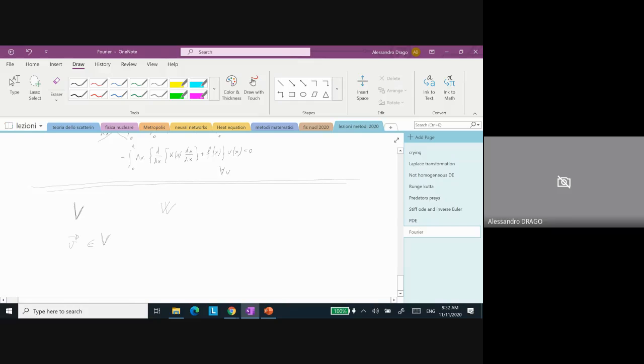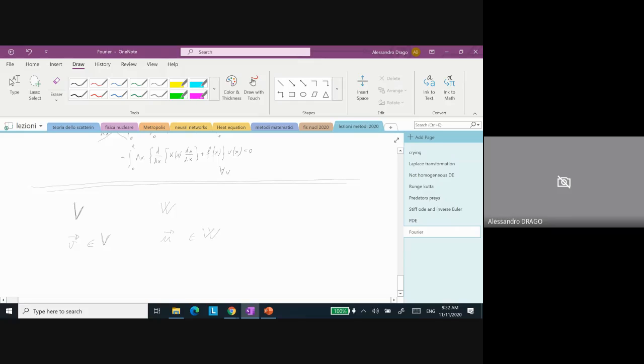Is it possible to tell that there is, and is unique, a vector U belonging to the subspace omega, so that U is the best approximation to V within the subspace?